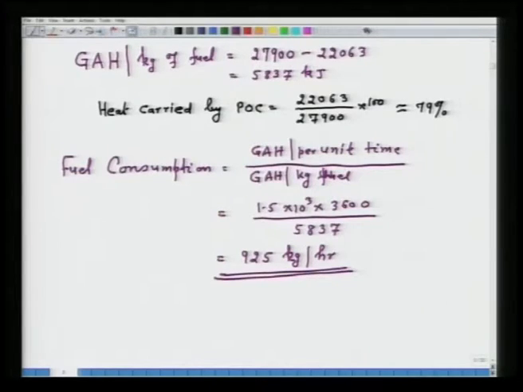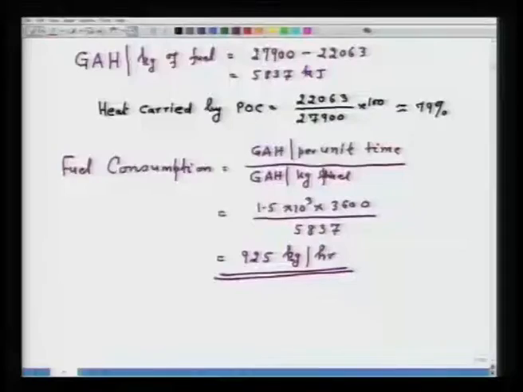So, this is the fuel consumption when the furnace is operated by 70% carbon of the fuel and the POC or the heat to POC is at 1327 degrees Celsius. Now, the question before us, can we cut down this fuel requirement?